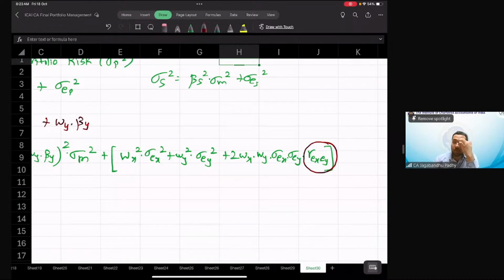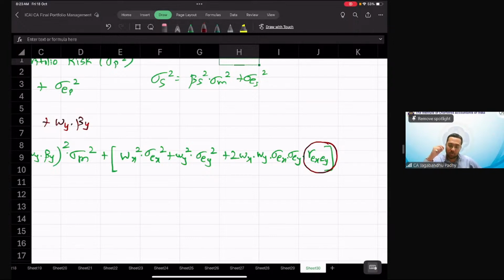Something which we are not able to track, the reason why the return was there. Do you think there will be any correlation between two error terms, error of x and error of y? Can there be a correlation between two error terms anytime?